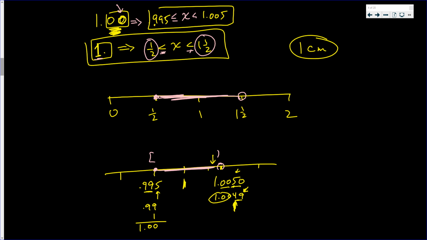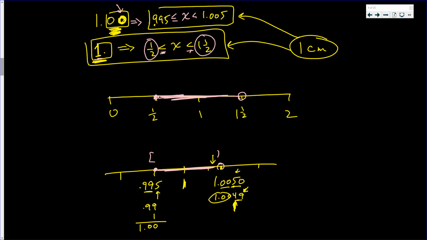And one company says, oh, I can build it. I guarantee you that it will be correct up to the 1's place. And another company tells you, I guarantee you it'll be correct up to the 100th place.